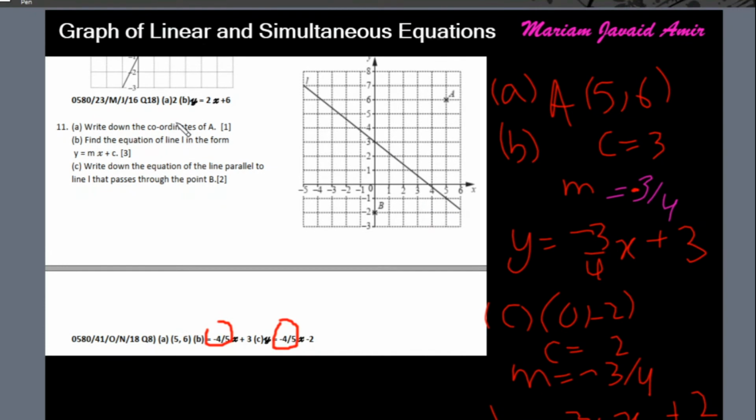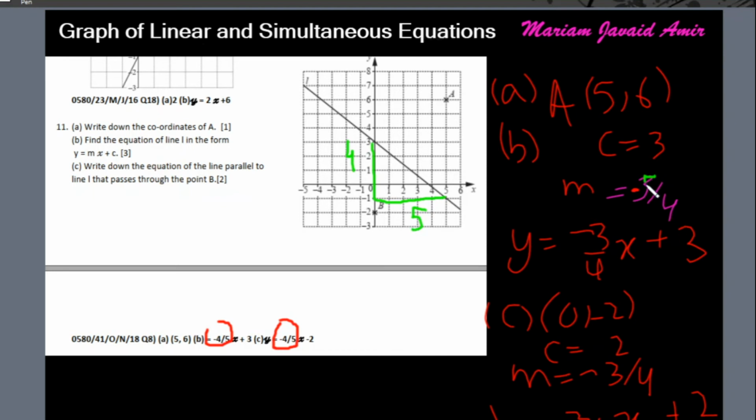I've taken the wrong rise. Let me see which triangle combination I can use so I have whole numbers. If I start from here till here, these will give me whole numbers. Yes, completely whole numbers. So rise is 1, 2, 3, 4 units and run is 5 units. So yes, the answers are correct.